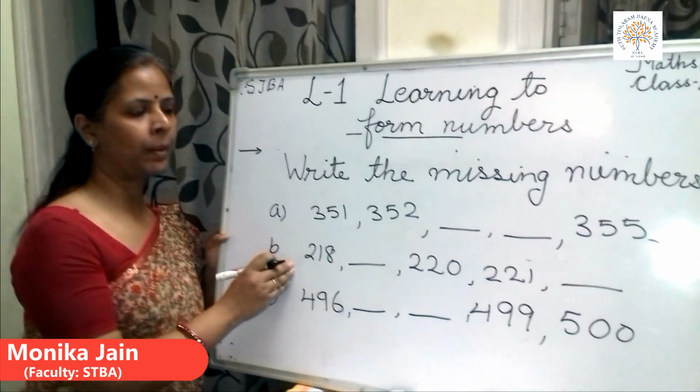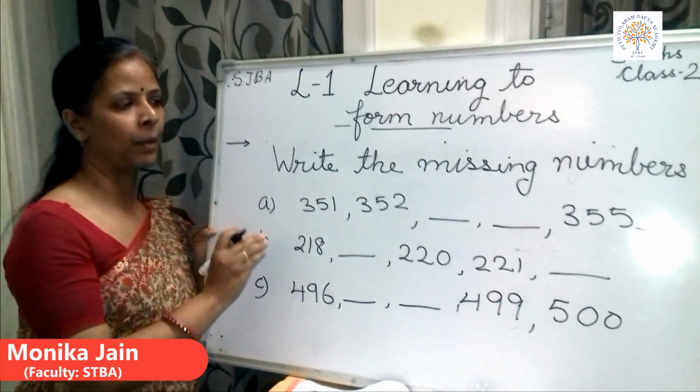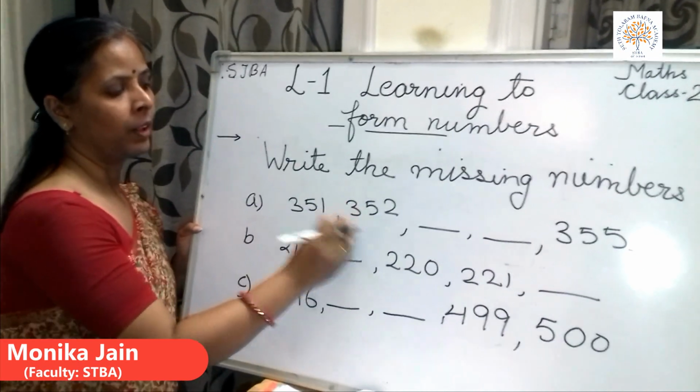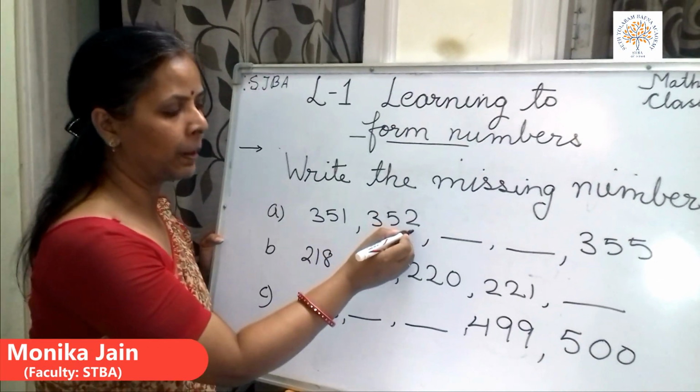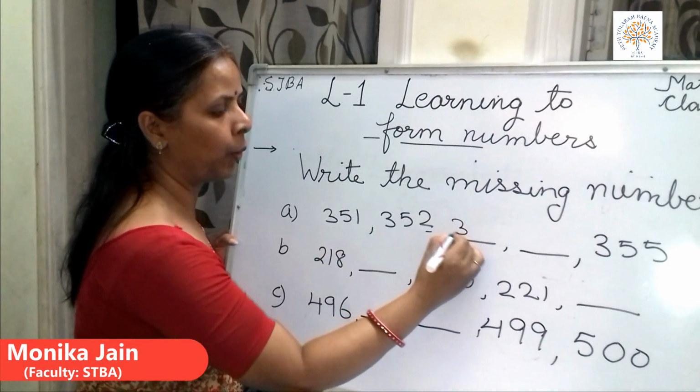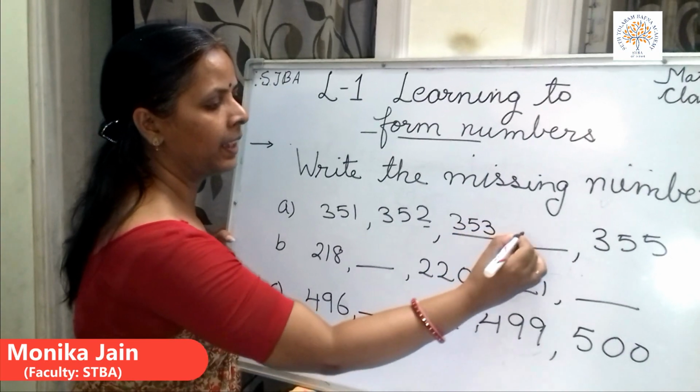This question works on the principle of what comes before and what comes after. The number after 351 is 352. After 352, you just see the number 2. 3 comes after 2. So the next number will be 353.